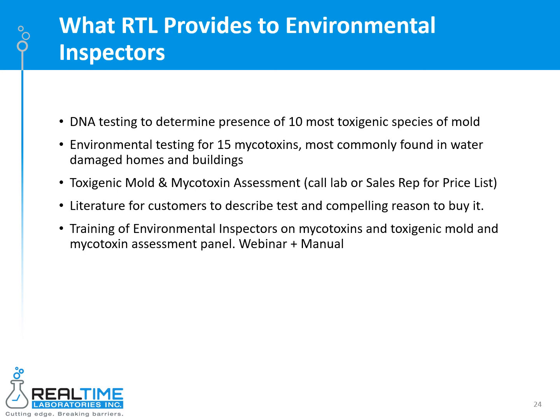Its toxigenic mold and mycotoxin assessment can be discussed more by calling the lab or the sales rep for a price list. There is literature for customers to describe tests and compelling reasons to buy it. RealTime Lab is getting ready to publish the results of their findings, and we can train the environmental inspectors on mycotoxins and toxigenic molds.